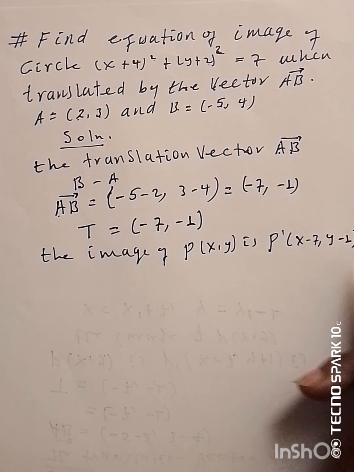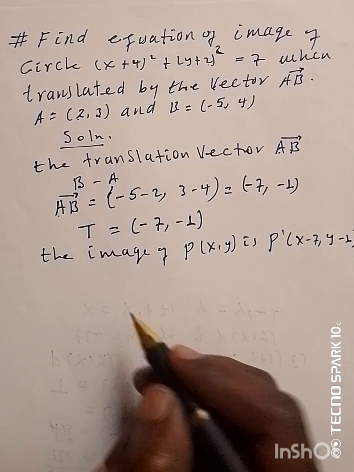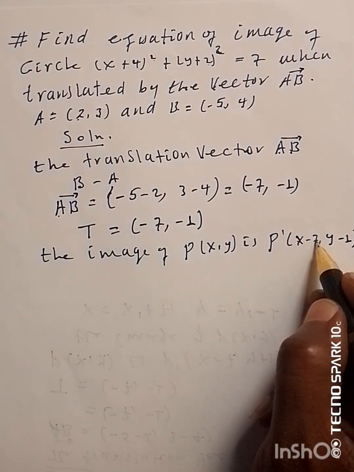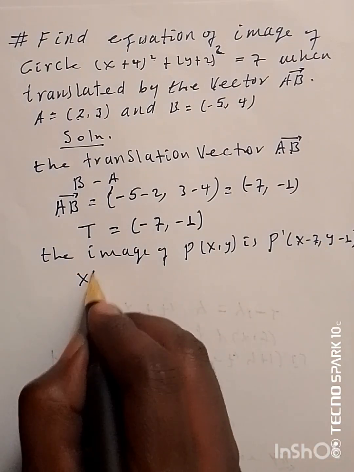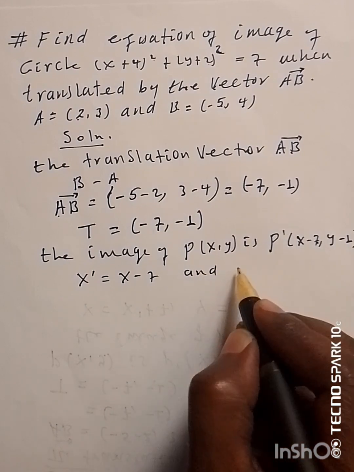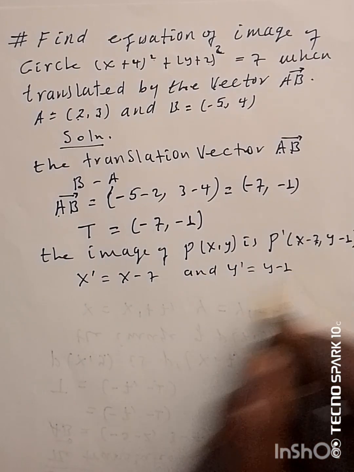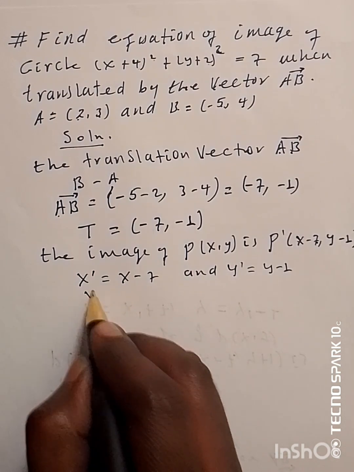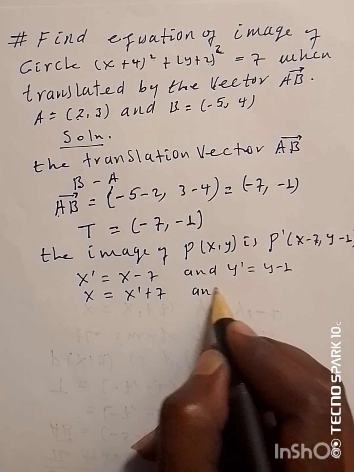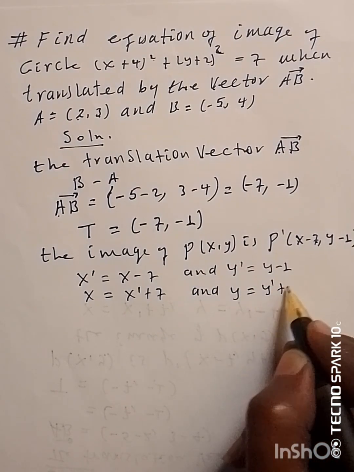Therefore x prime is equal to x - 7 and y prime is equal to y - 1. So x is equal to x prime plus 7 and y is equal to y prime plus 1.